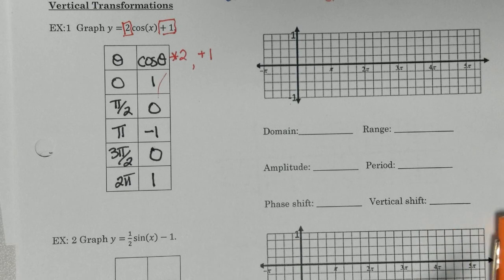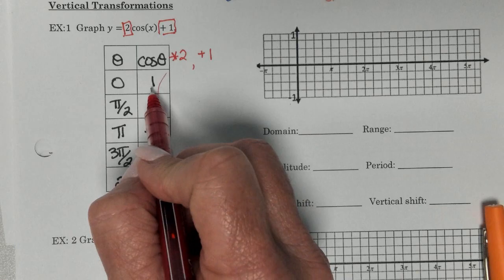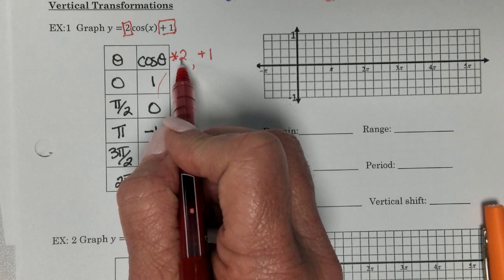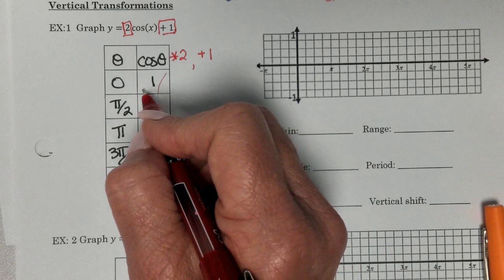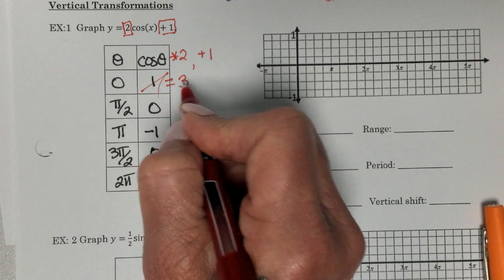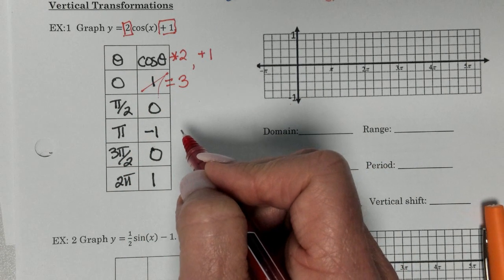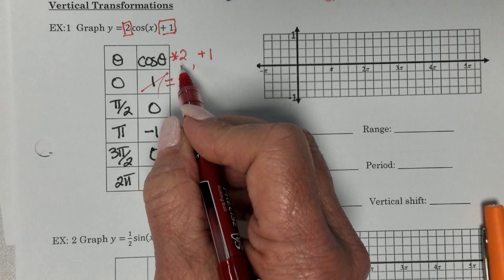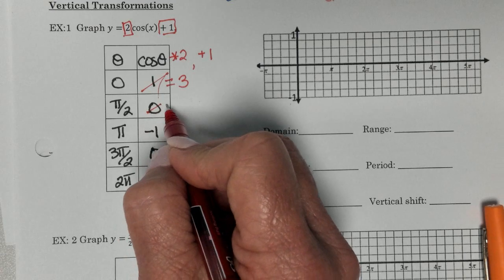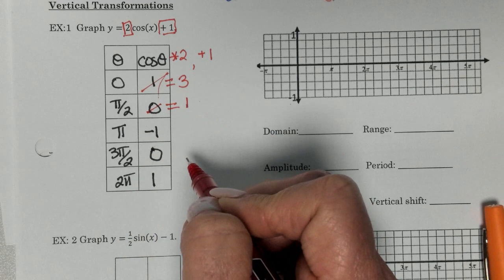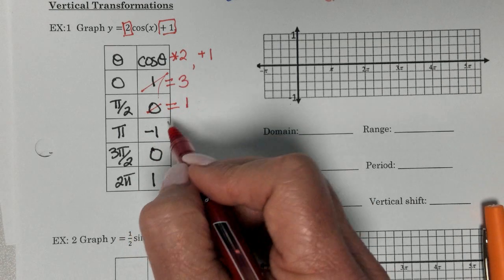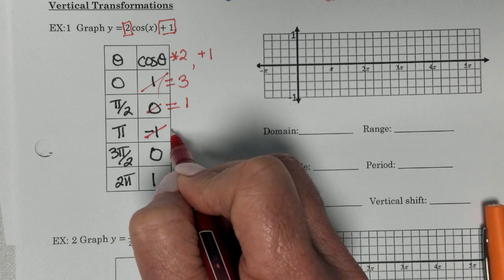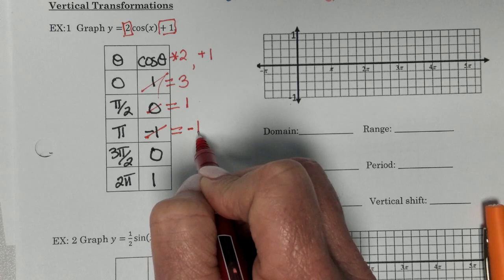So if we started at 1 and multiplied it by 2, we got 2, plus 1 is 3. So we're going to have a point at an output value of 3. Do the same thing with all of these. 0 times 2 is 0, plus 1 is 1. Negative 1 times 2 is negative 2. Negative 2 plus 1 is negative 1.